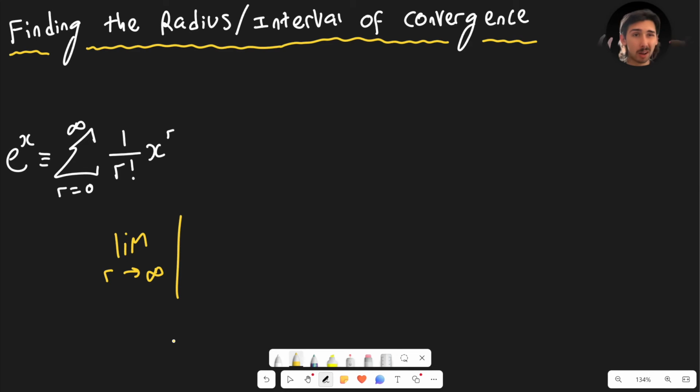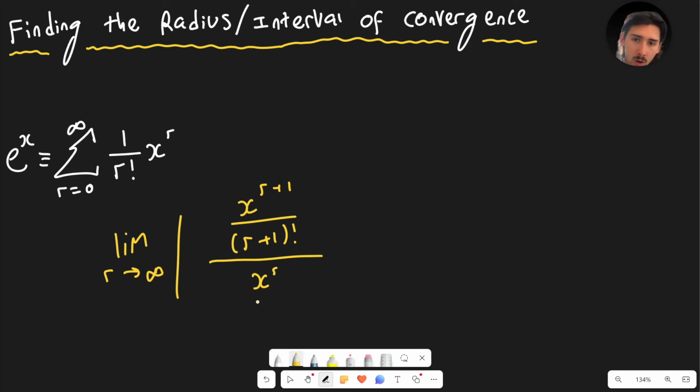So the r plus 1th term divided by the rth term. I'm going to write these as fractions: the r plus 1th term is x to the power of r plus 1 divided by r plus 1 factorial. Hopefully you can see that is the next term, and the rth term is just x to the power of r divided by r factorial.